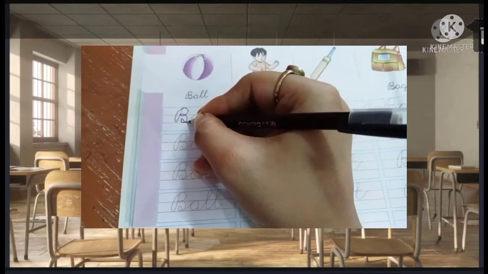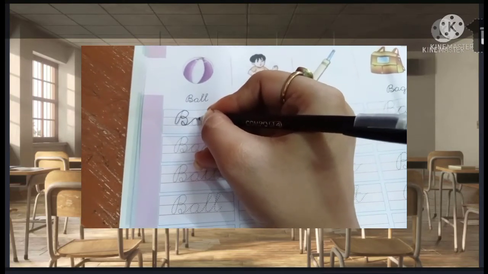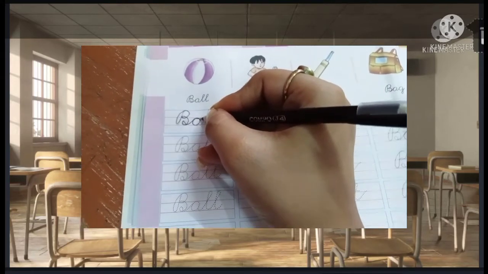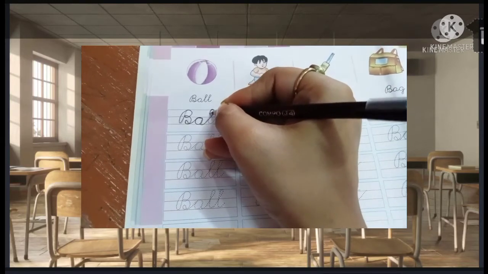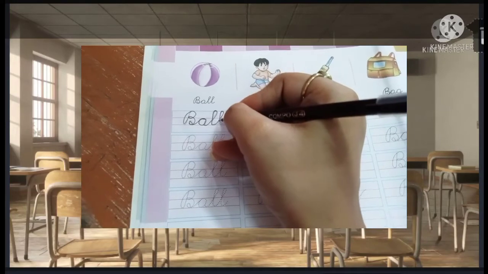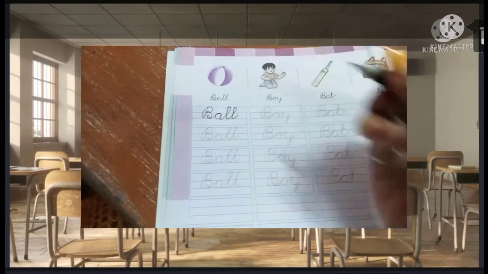Done? Now from here, go at the top, again come back, then you again go up and down. Now this way you will write double L and stop here. Clear?